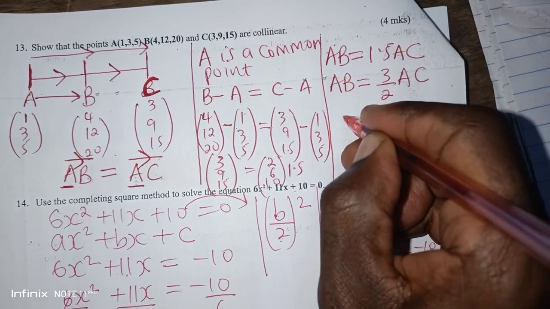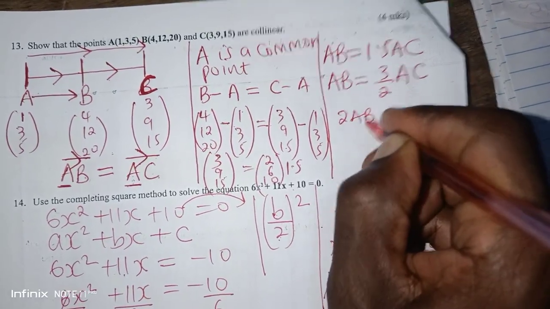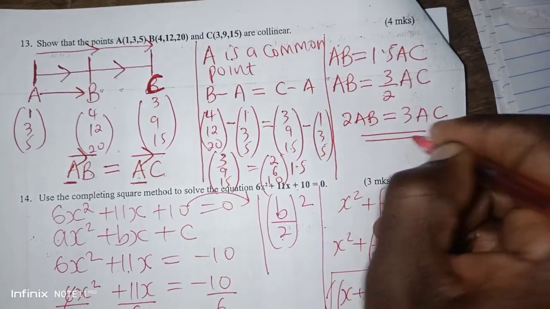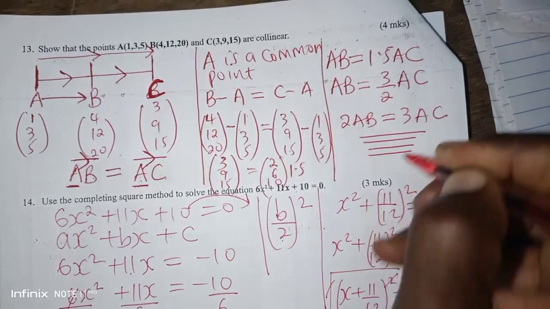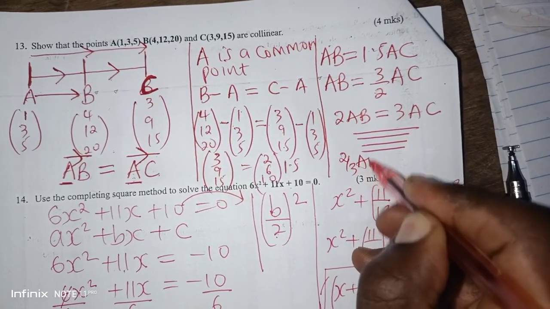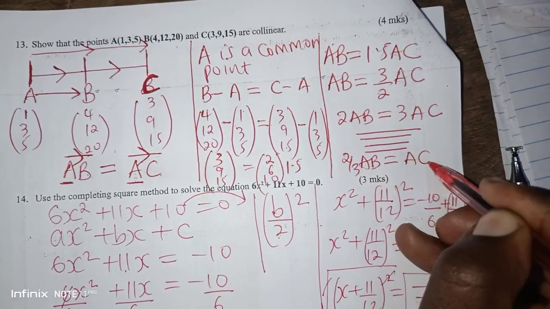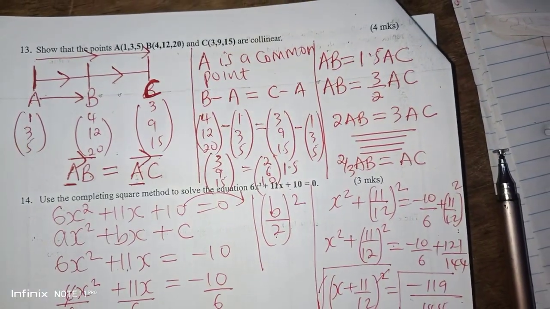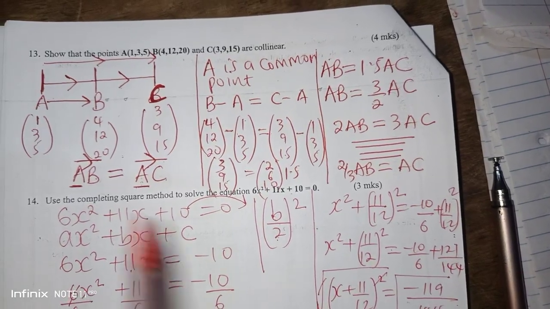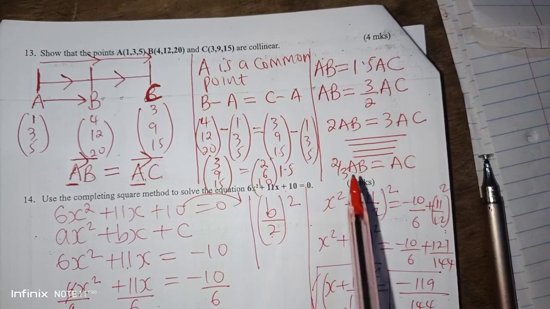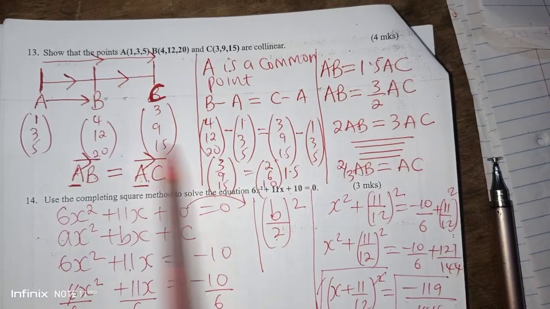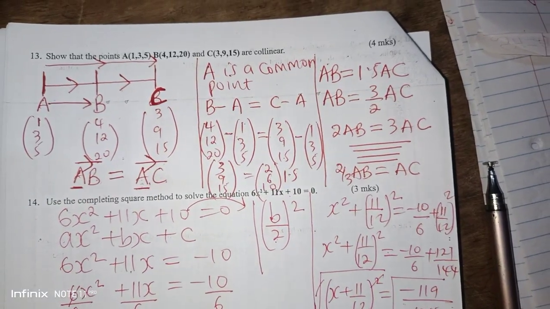Someone can write 2AB is equal to 3AC, and that becomes our final answer. You can still stick to your answer and say 2 over 3 AB should be equal to AC. Whichever way you may want to put it, that can still give you marks. And for that matter, you've gotten a relationship between AB and AC to confirm there's a scalar that connects those two very important parts of our vector.